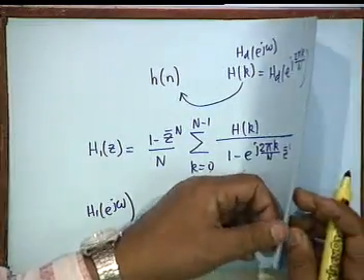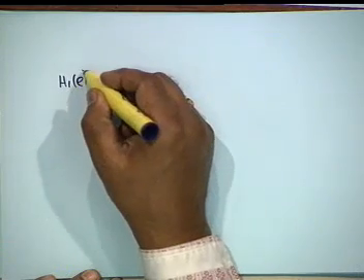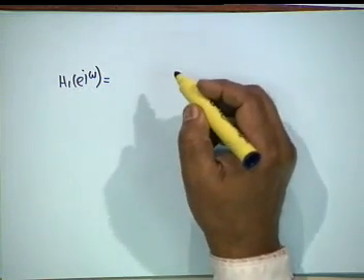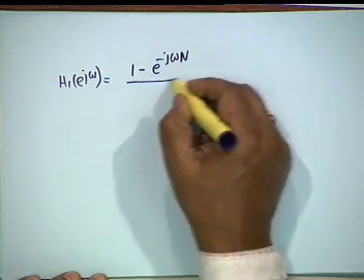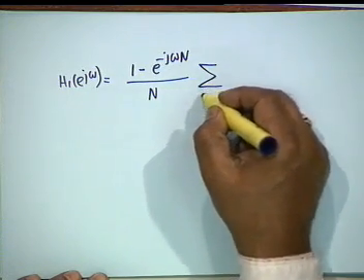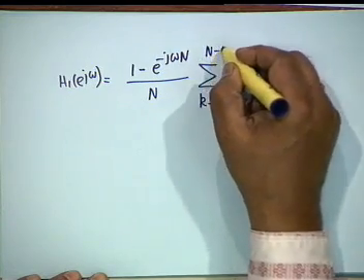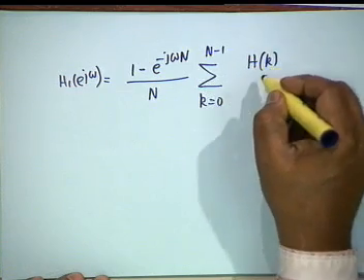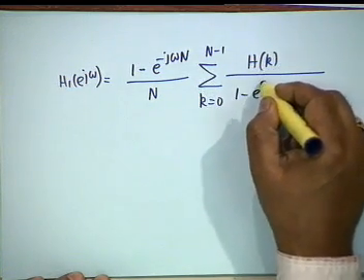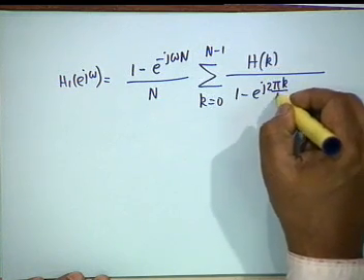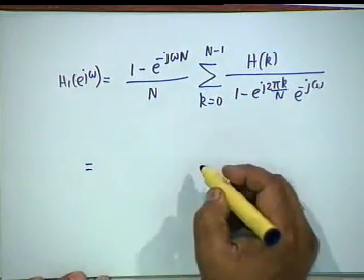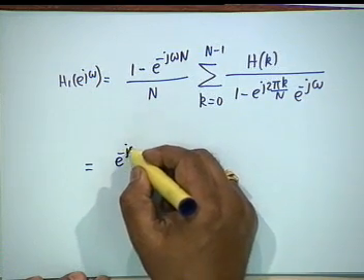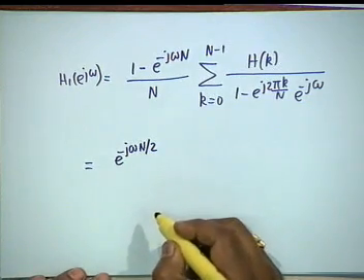And we can simplify this further by writing H1 of e to the j omega as equal to 1 minus e to the minus j omega N divided by capital N, summation k equal to 0 to N minus 1, H k divided by 1 minus e to the j 2 pi k by N e to the minus j omega, which I can write as e to the minus j omega N by 2, the usual trick.